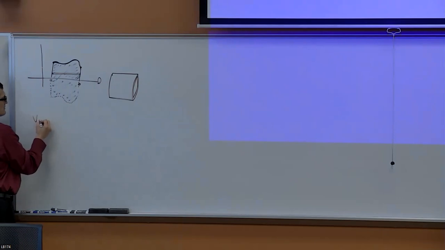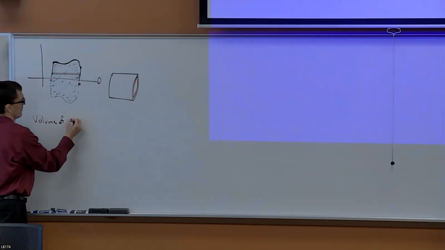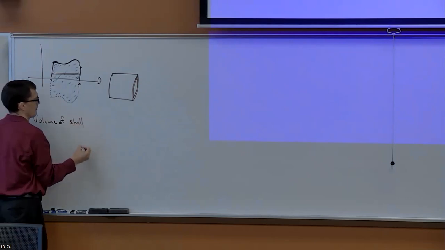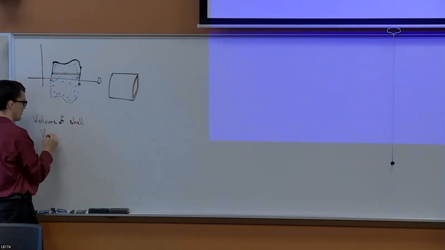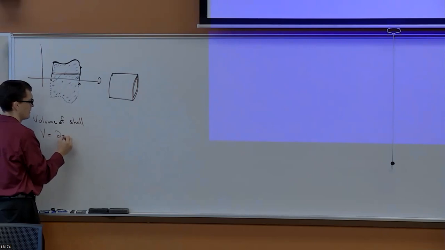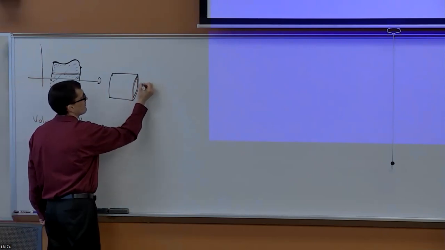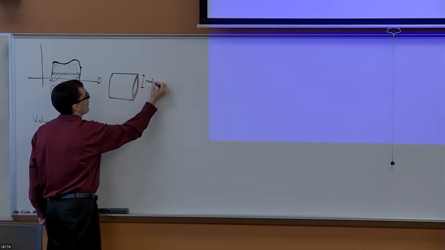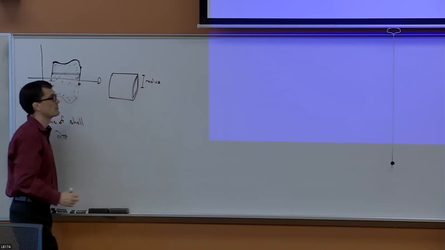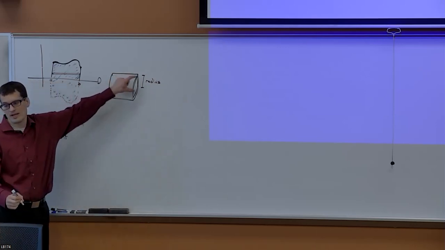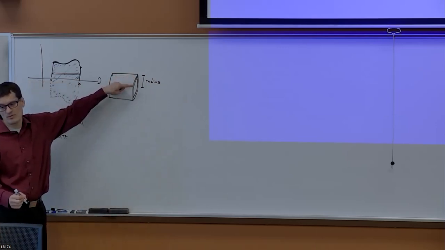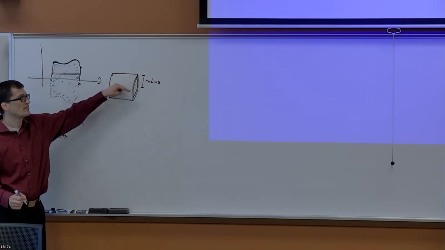And the volume of a shell is 2 pi. When we say radius, we're talking about the radius here, the radius of a cylinder.